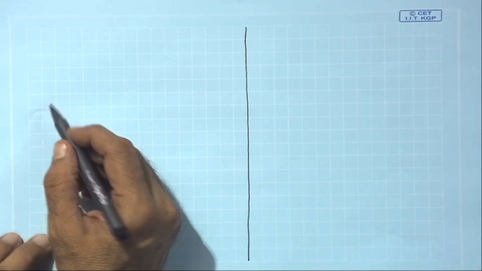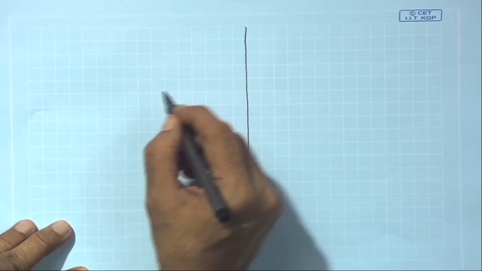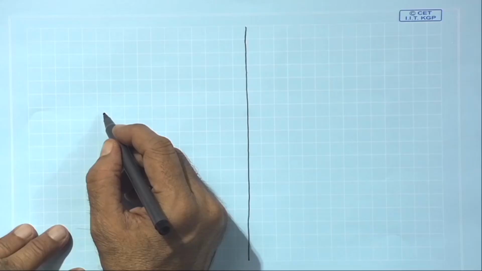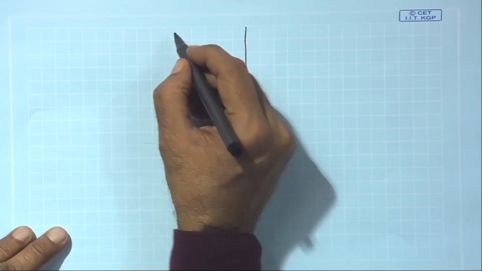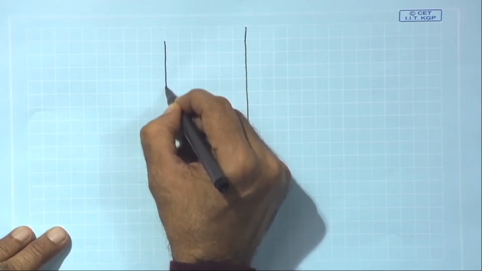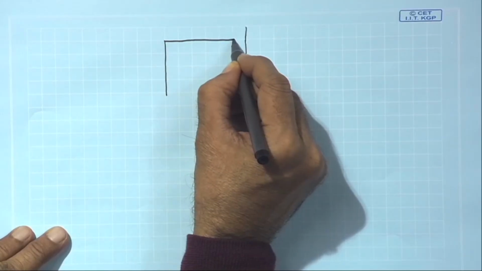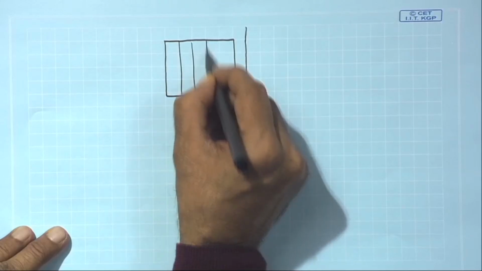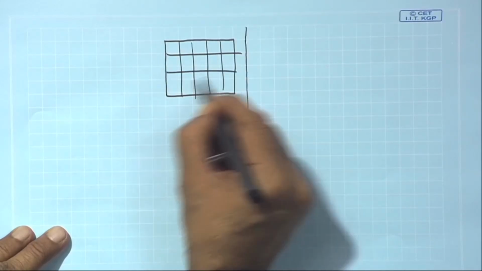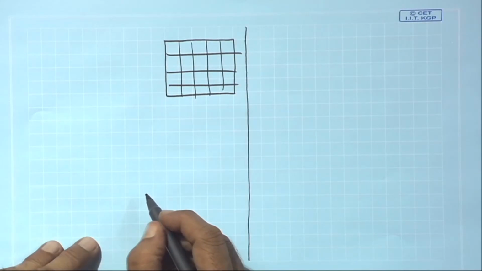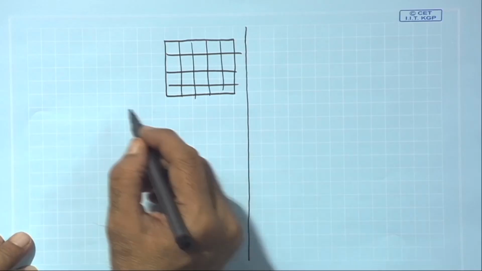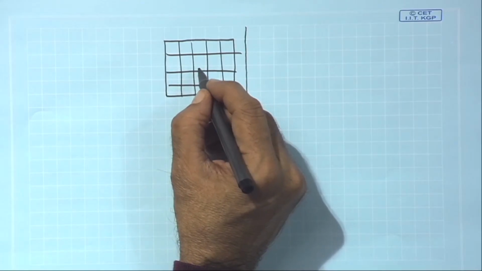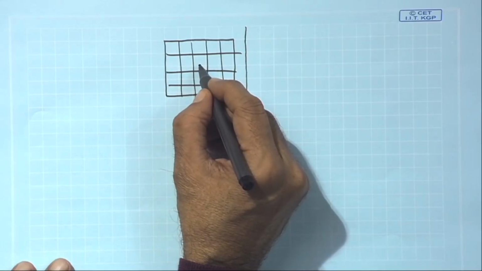As we discussed before, in terms of our selective mining unit of the block, if this is the body that we divide into different blocks, we need to report an average grade for a particular block.